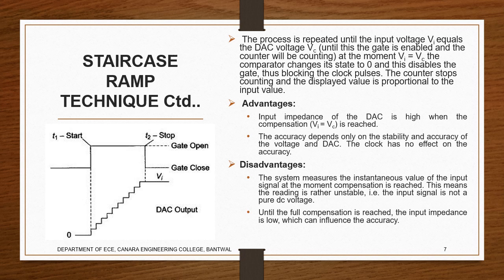We shouldn't have any kind of error, or we should usually have an attenuator or a stabilizer for the voltage. And here the clock has no effect on the accuracy, because from the starting pulse to the stop pulse, that much it will be doing. So here it depends purely on the voltage and the DAC, which is the main thing we look at in this staircase ramp technique.